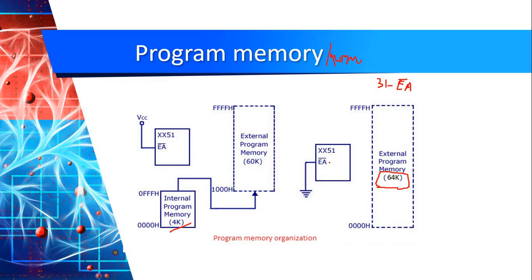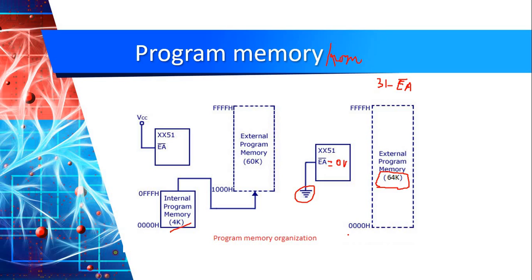When I connect the external access pin to ground potential, the output will be 0 volts, so enable access is 0. When it is 0, the 8051 fully takes the data externally from program memory. The full 64 KB will be taken externally.